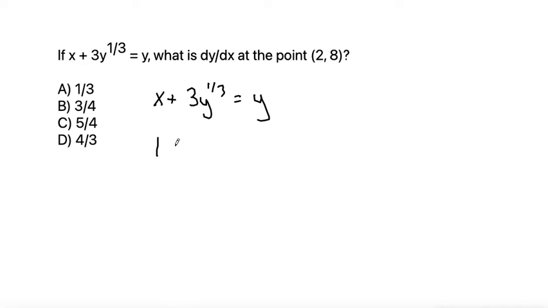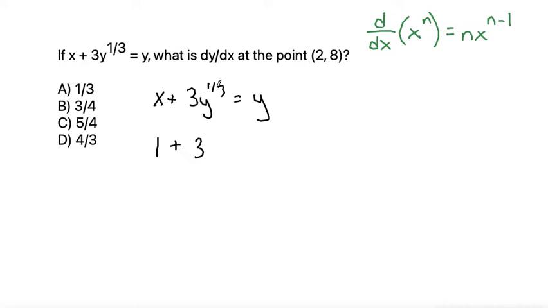Okay, so the derivative of x is equal to 1. That term is by itself, so we'll just bring it down. 1 plus the derivative of 3y to the 1/3. We'll use the power rule on the y to the 1/3, just bringing down the coefficient 3. The power rule says the derivative of a variable to the power of a number is: you bring the number down and subtract the exponent by 1.